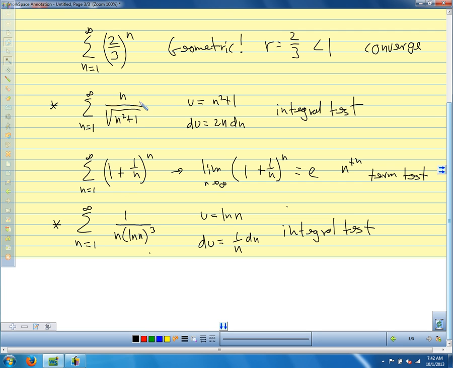Look at these two problems and see if you can generalize the results and come up with a generalization of the p-series test, because these two take the same form. We have something in the denominator raised to a power. Here we have n squared plus 1 in the denominator raised to the 1/2 power. Here we have natural log raised to the 3rd power. And we have its derivative there, so we can apply the integral test.